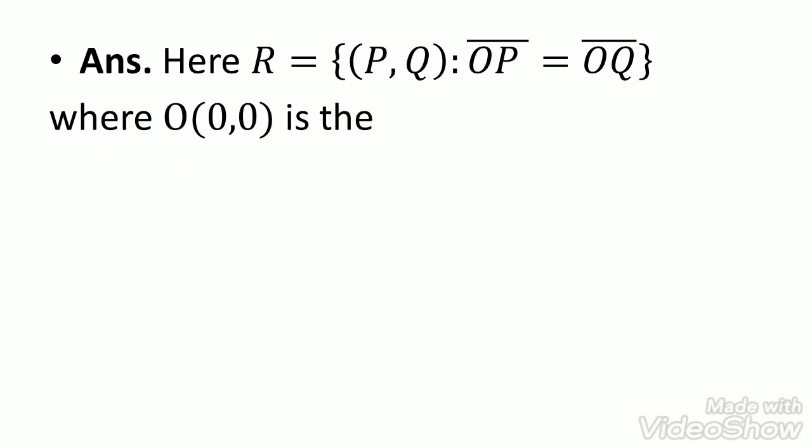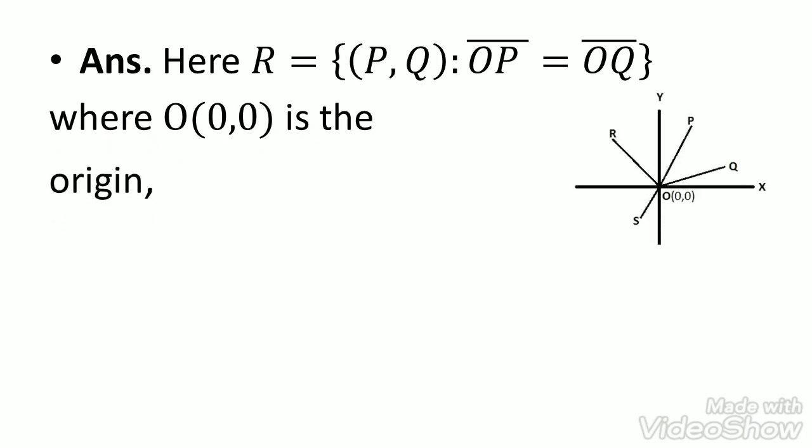So on a plane we can consider X and Y axes and some points, just like in the diagram P, Q, R. These are at equal distance from the origin.